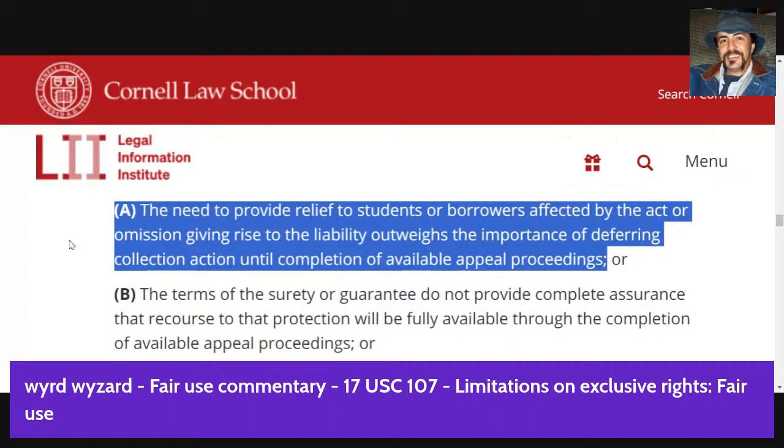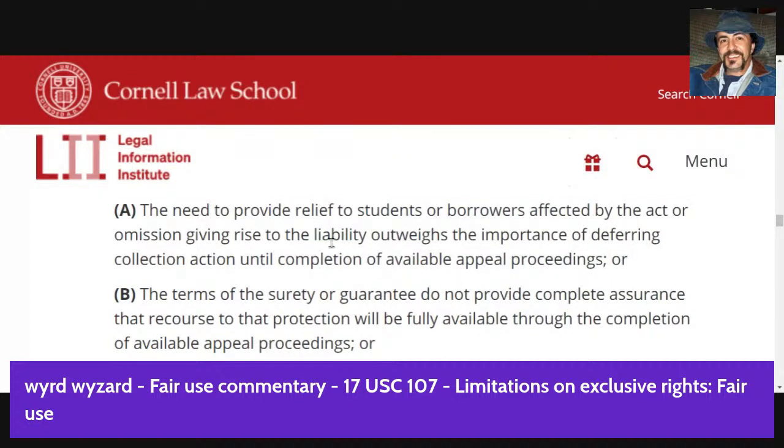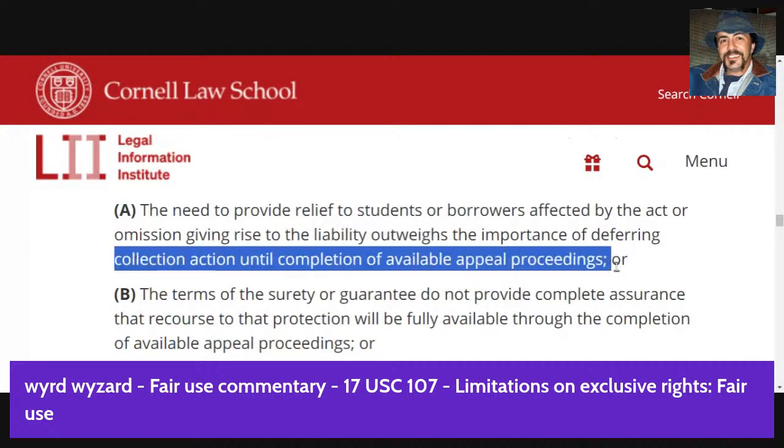With 94 cases, and to help sustain the state's budget, the importance of the liability outweighs the importance of deferring collection of those 94 cases.